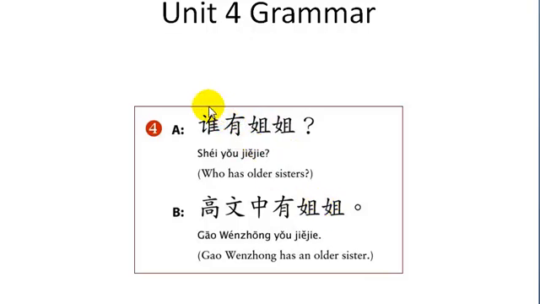All you do is take out the question word and replace it with the answer, 高文中. So when someone asks you a question using one of these question words in Chinese, it's very easy to answer. You just take out the question word and then repeat the rest of the sentence with your answer in the position of the sentence where the question word was. I hope that makes sense.